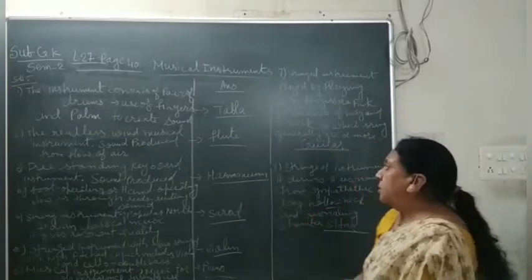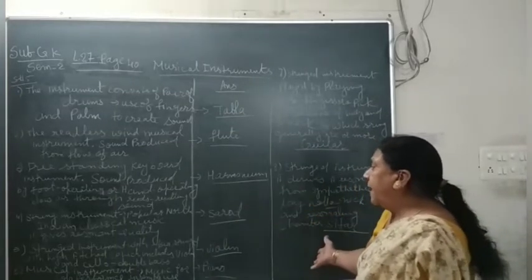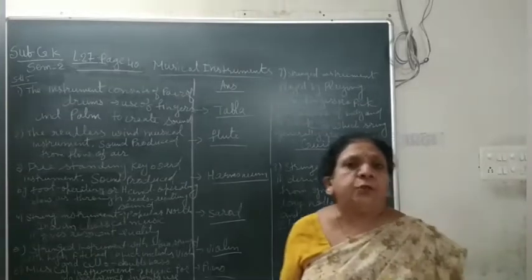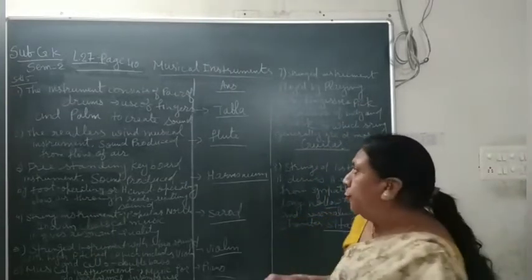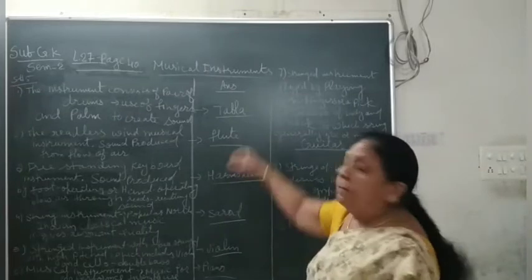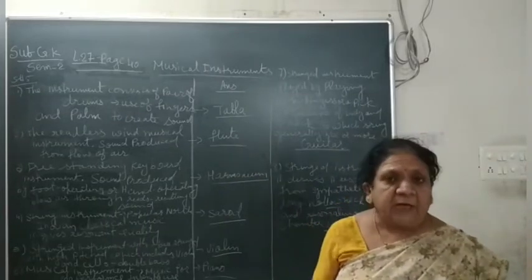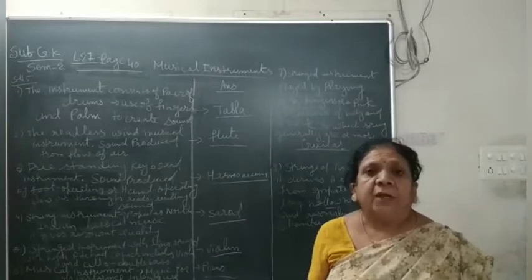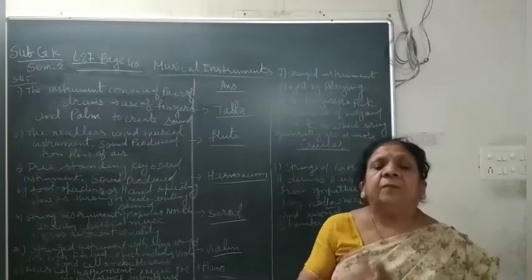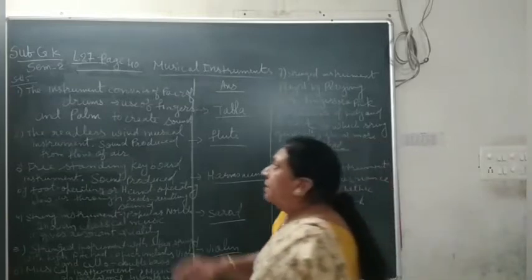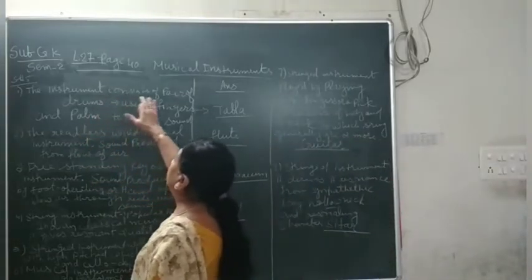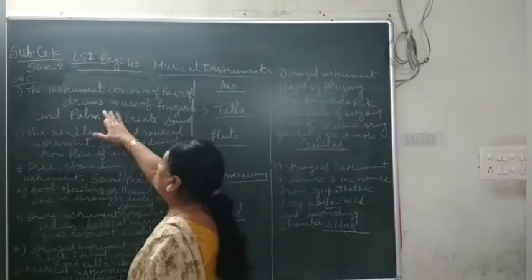Now first, 8 instruments are given in your book that we are going to see. First is tabla. You have seen it also. First, the instrument consists of a pair of drums.